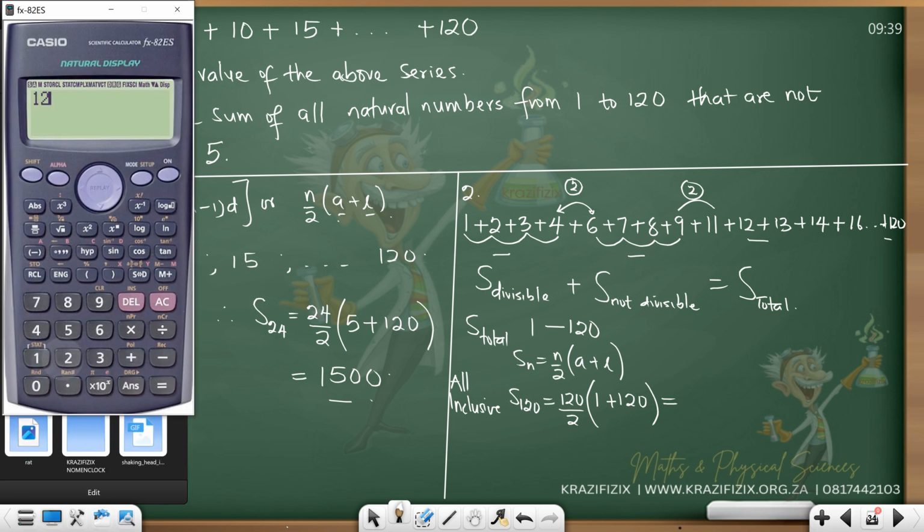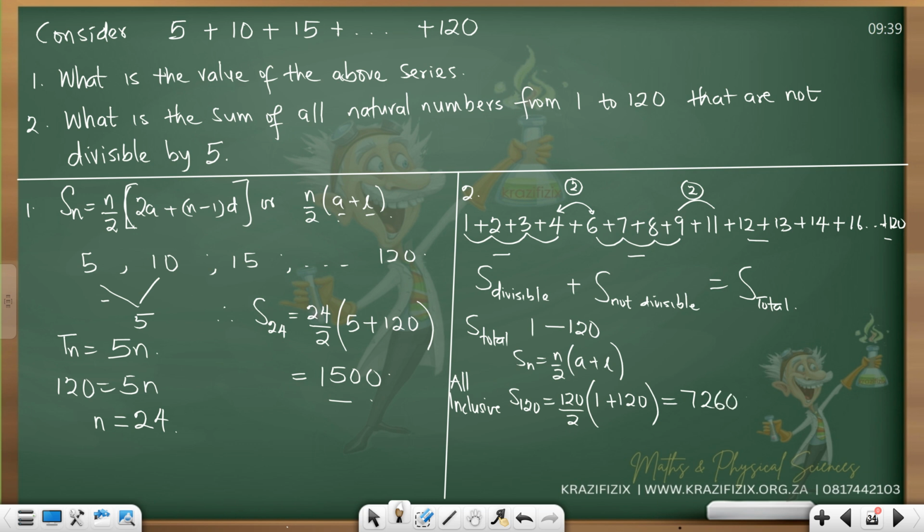121 times 60, 7,260. So the sum of divisible, 1,500, plus the sum of not divisible is 7,260. Can we conclude?